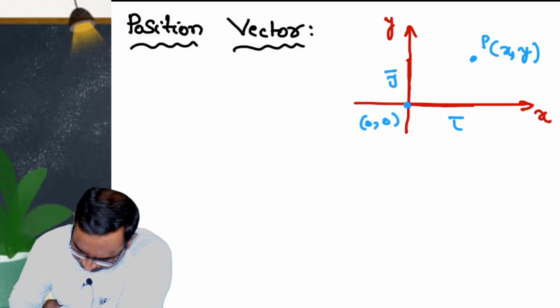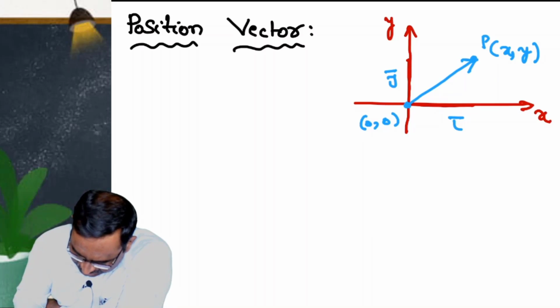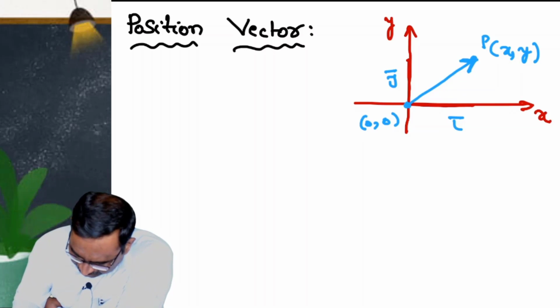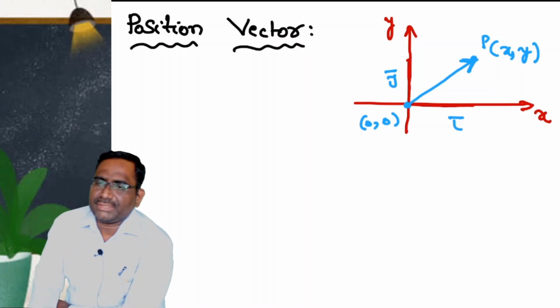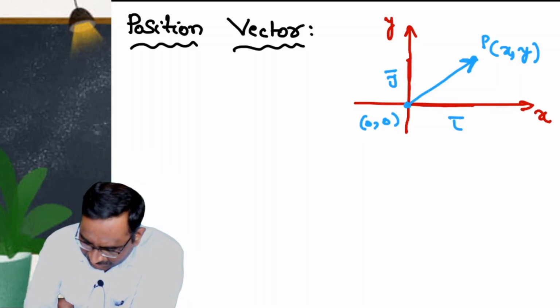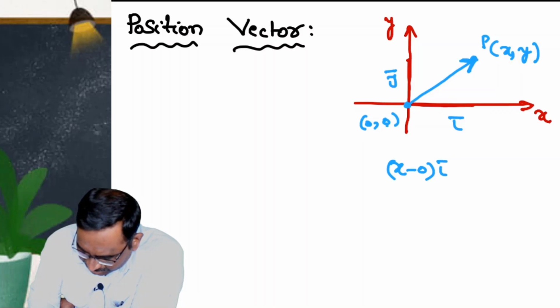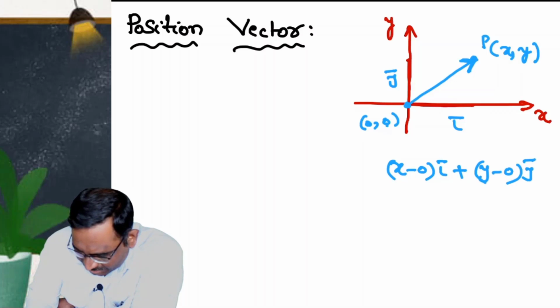From here to here, this is the direction, and the corresponding vector between these 2 points, if this is (x1, y1) and this is (x2, y2), is x2 minus x1, that means x minus 0 times i bar, plus y minus 0 times j bar.